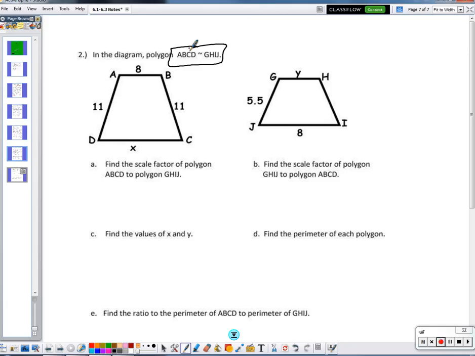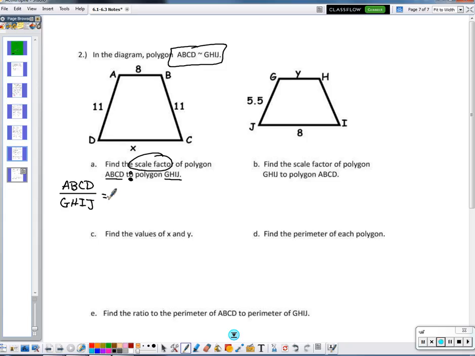So the first question they ask for is, what's the scale factor of polygon ABCD to GHIJ? ABCD over GHIJ. That's the order they want my letters, that top and that bottom.